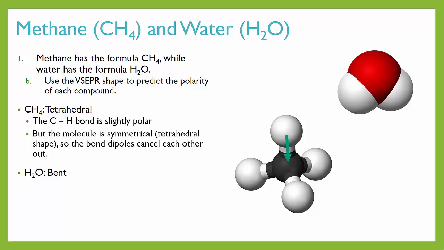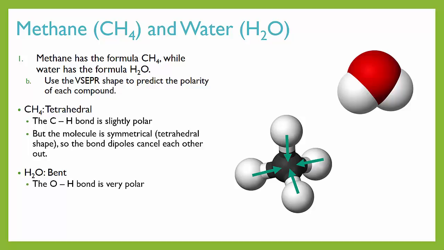But this molecule is highly symmetrical because of the tetrahedral shape. So what that means is that those bond dipoles are going to cancel each other out. So these electrons are being pulled in opposite directions, which cancels out that polarity. So overall, the methane molecule is going to be nonpolar, even though it has polar bonds.